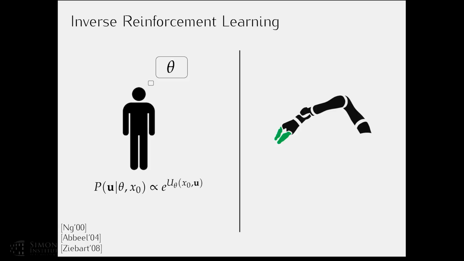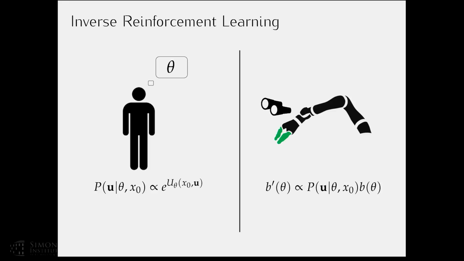But regardless, the robot from the autonomy side is sitting there observing these controls, these actions from the person, and is trying to figure out what theta is underlying these actions, right? One way to think about this is you're trying to find the theta that explains the data you've seen, doing a maximum likelihood estimation.